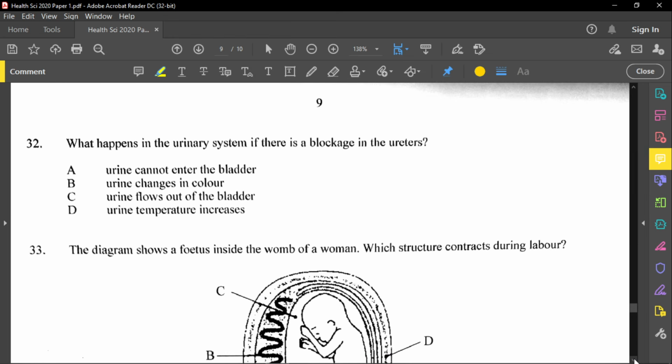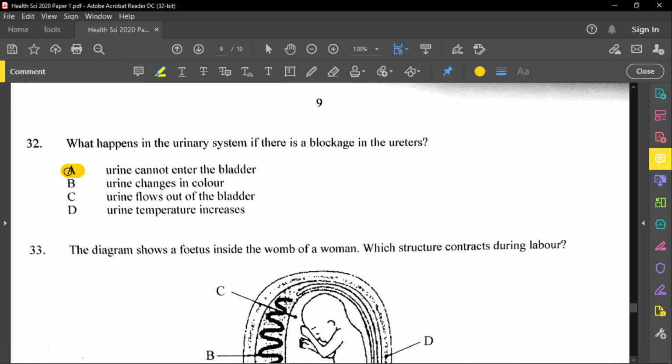Now, question number 32 asks what happens in the urinary system if there is a blockage of the ureter. Remember the purpose of the ureter: it is responsible for taking urine into the urinary bladder. Therefore, urine cannot pass to or enter the urinary bladder.